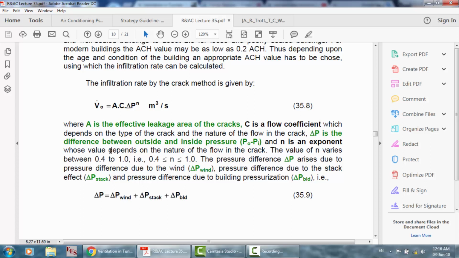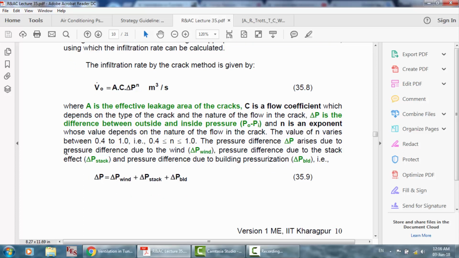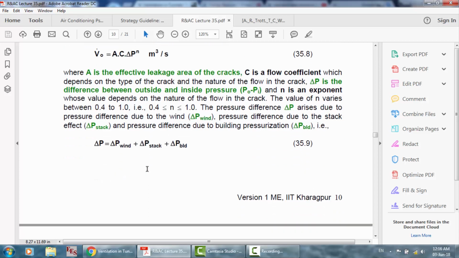The value of n varies between 0.4 and 1, so n is greater than or equal to 0.4 and lower than or equal to 1. The pressure difference delta P arises due to wind, the stack effect, and building pressurization. So you have to keep that in mind.